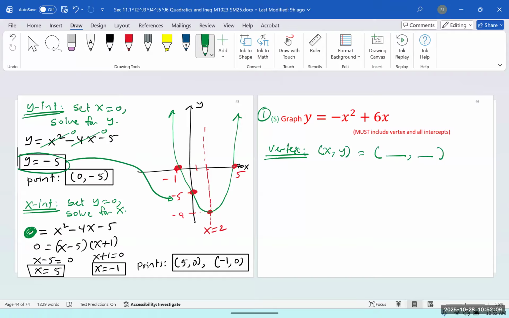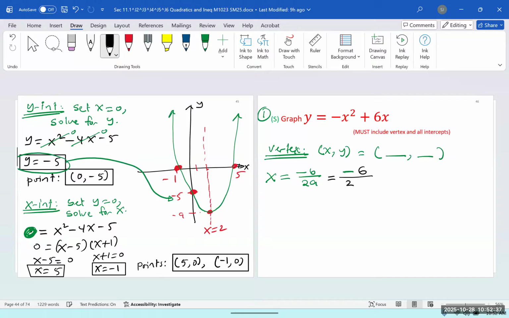So vertex, do you see the vertex here? No, that means the formula. What's the formula for the x value? Negative b over 2a. So in this equation, what is your b? b is 6.